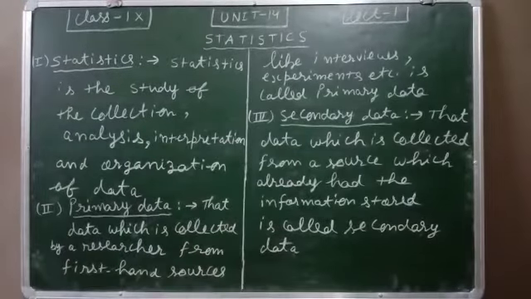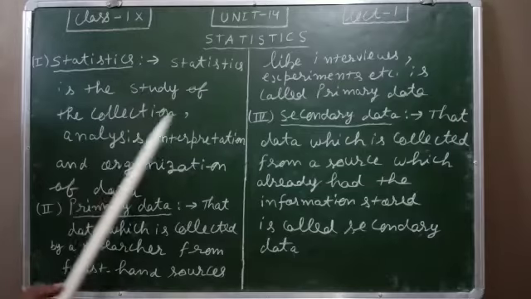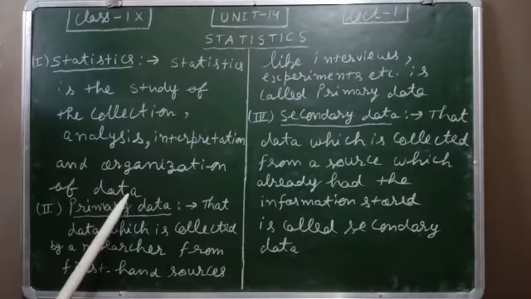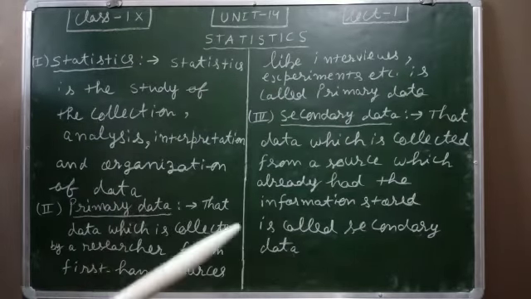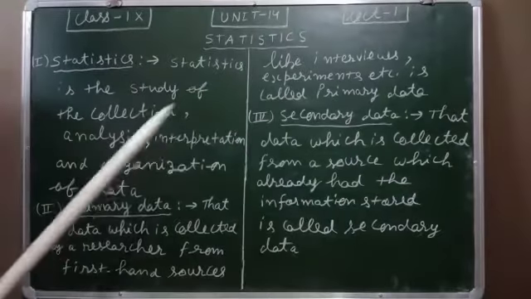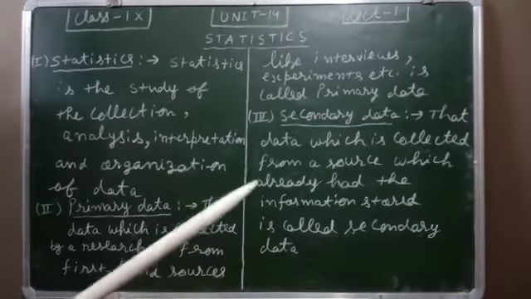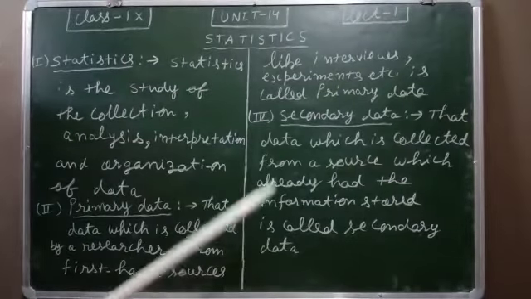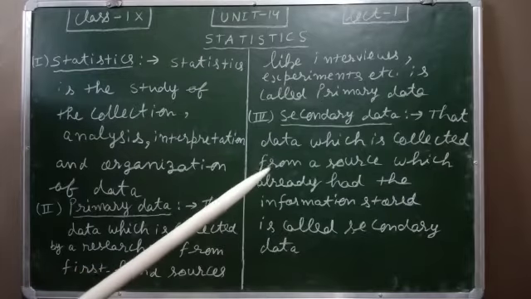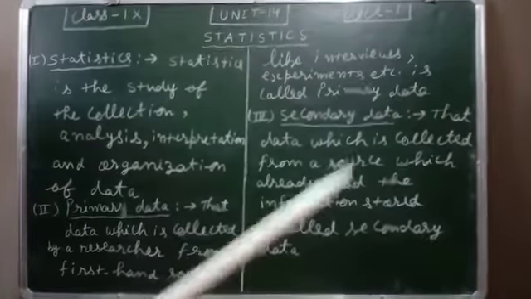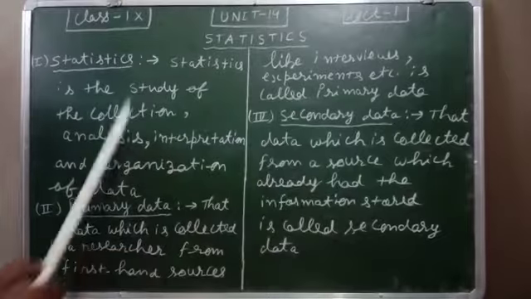First is statistics. It is the study of collection, analysis, interpretation and organization of data. Primary data is that data which we collect ourselves with some definite objective in our mind, and secondary data is that data which is collected by using another source.